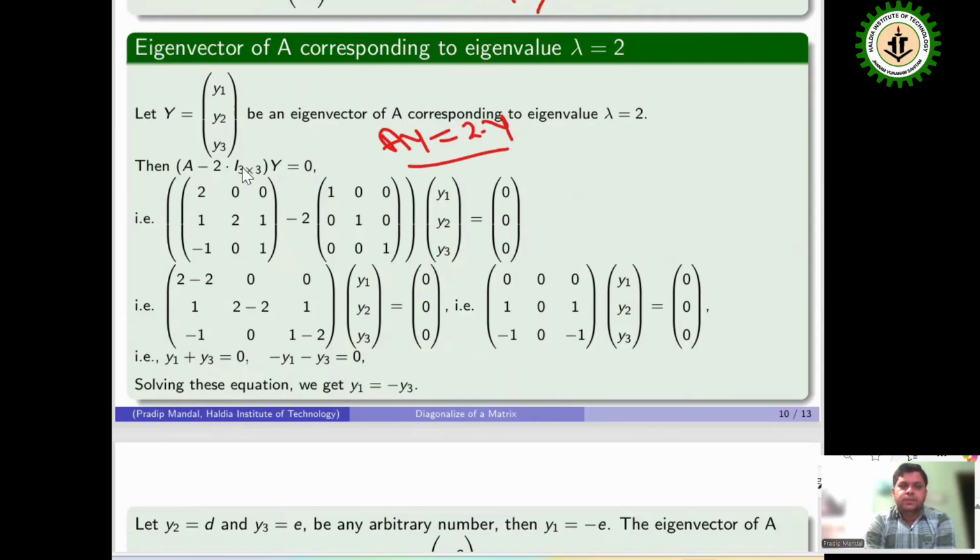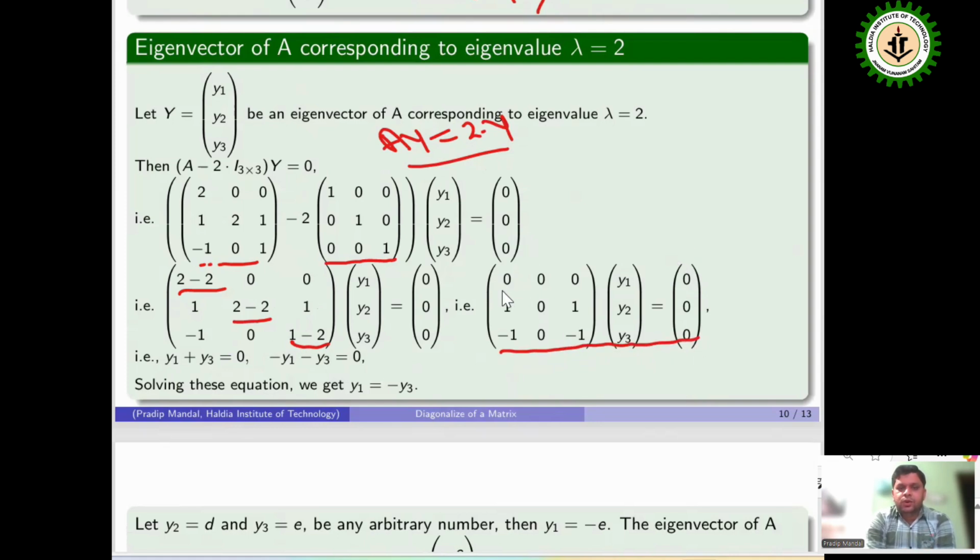Now, (A minus 2I) y equals 0. Put the value of A and 2 times the identity matrix. Now calculating, 2 minus 2, 0, 0, 2 minus 2, again minus 1, 0, and 1 minus 2, times (y1, y2, y3) equals (0, 0, 0). Now if we simply calculate, we get this part.